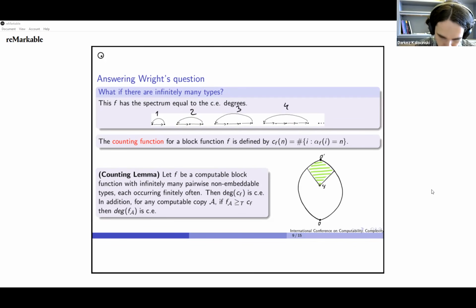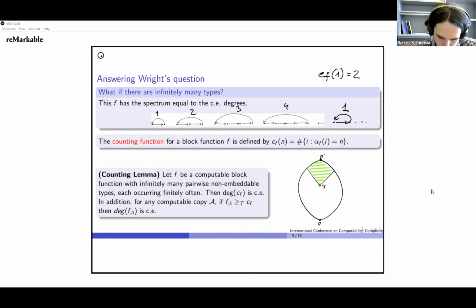So if we had some repetition of type 1 here, then type 1 occurs, let's say, twice, if later on we don't see anything like this. This counting function has some interesting properties, which are summarized in the lemma below, which we call the counting lemma.